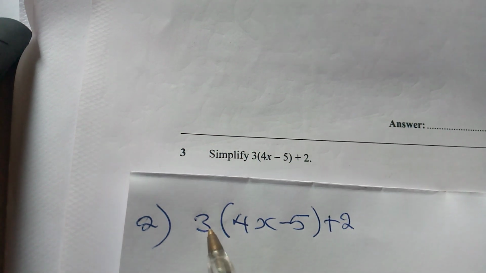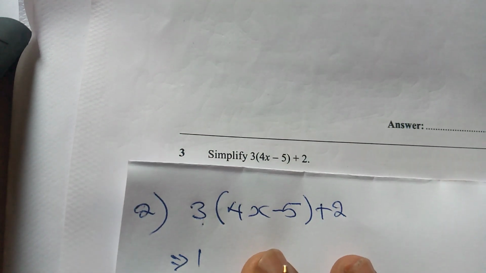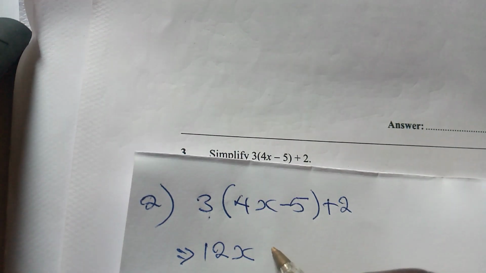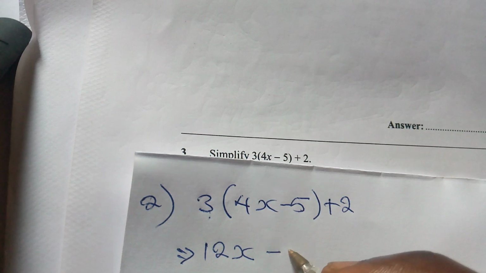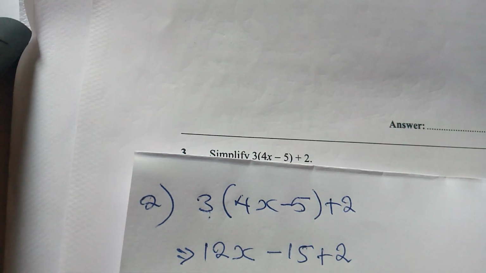We just multiply the number which is outside the bracket with what is inside the bracket. So it will be 3 multiplied by 4, which gives us 12x, and then minus 3 multiplied by 5, which gives us 15, plus the 2 which is outside already there. So here we deal with negative 15 plus 2.